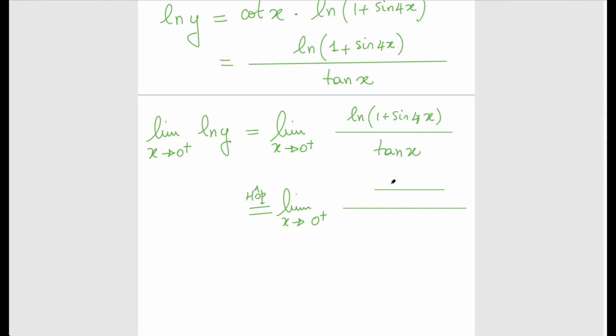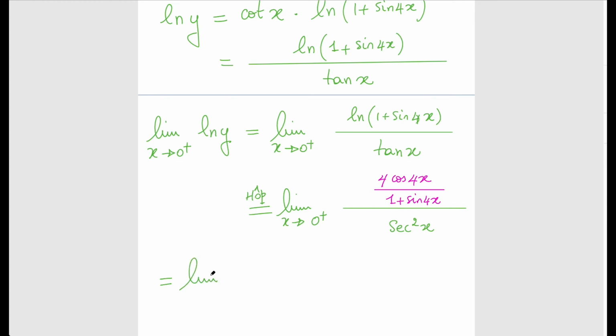The derivative of sine 4x is 4 cosine of 4x, divided by 1 plus sine 4x. So that's the derivative of ln of 1 plus sine 4x, correct? Let's keep it in pink. And the derivative of tangent is secant squared. Okay?